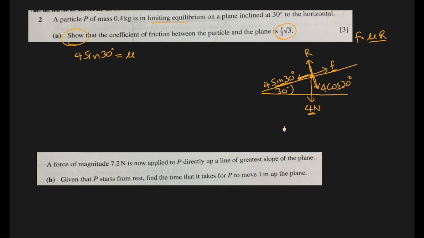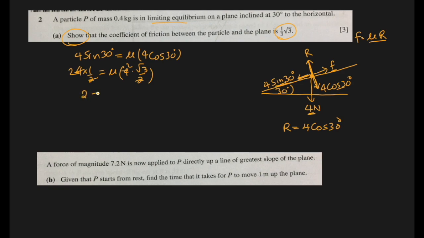R is 4 cos 30 degrees because they are balancing out. So I will write here 4 cos 30. Now you can use your calculator to evaluate these. Sin 30 is half. So 4 times half equals mu times 4 cos 30, which is root 3 over 2. Okay, so this cancels, this also cancels.